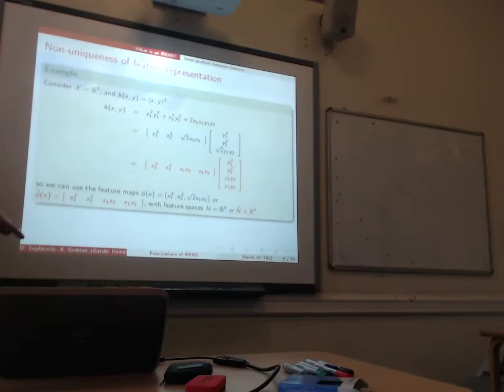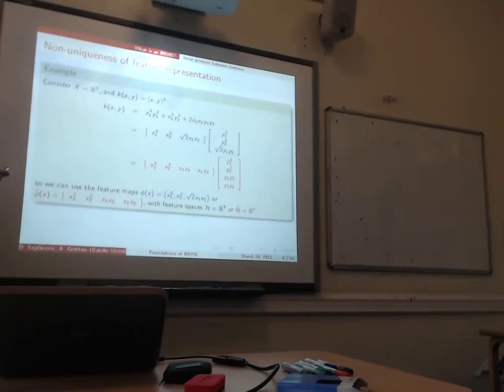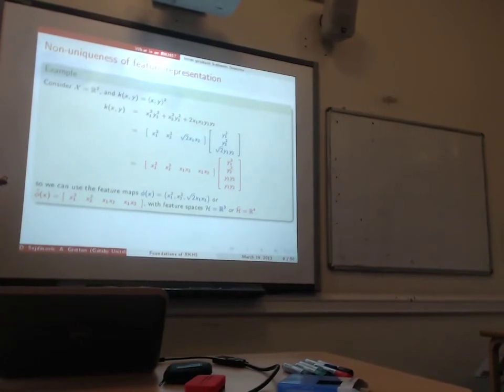So what do I mean by that? If I start with some function like that, which is just an inner product between two vectors squared, I want to see whether I can represent that as an inner product in some other space. And indeed I can. If I just expand this out, I get the following expression. And you see immediately I have three terms. They're all symmetric in the x and y arguments. So I can break it up in the following way as an inner product between these three vectors.